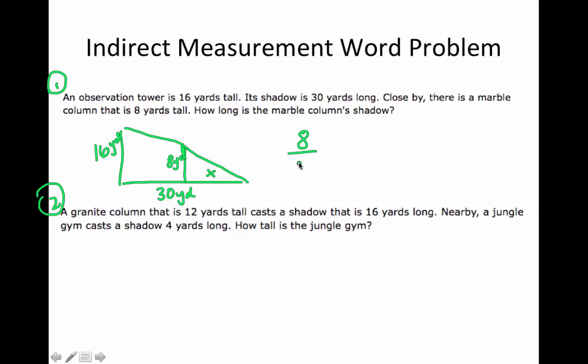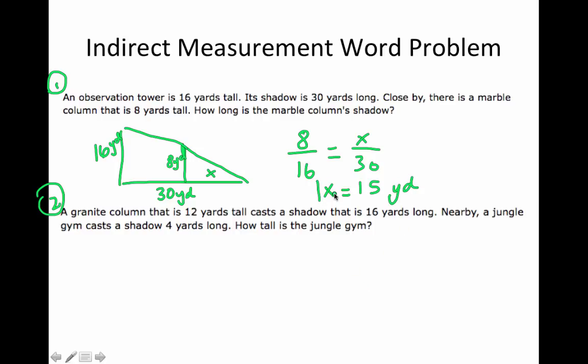So 8 over 16, the small one over the big one. And then I'm going to do the same thing for the shadows, x over 30. I'm going to solve this a simple way because I see right here this reduces to 1 over 2. So that means this is going to have the same similarity ratio. If I just take 30 and divide it by 2, I get the value of x, which is 15 yards.